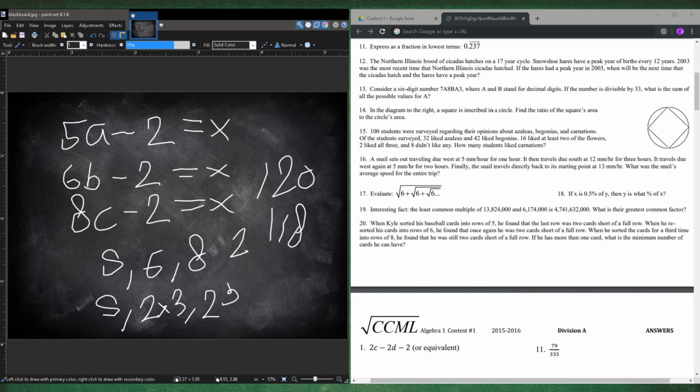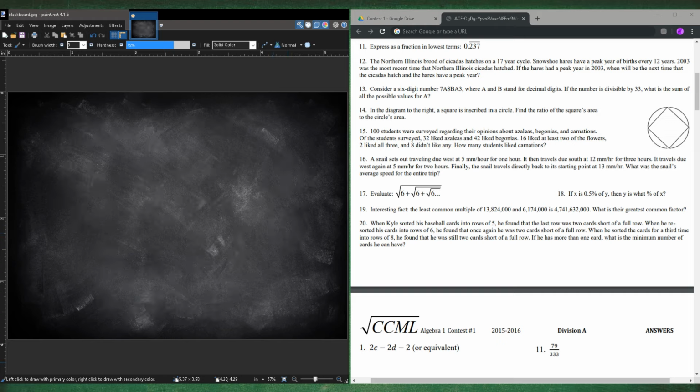So let's check that it's correct. If you put 118 into rows of 5, you get 23 in each row and 3 left over, so the last row is missing 2.